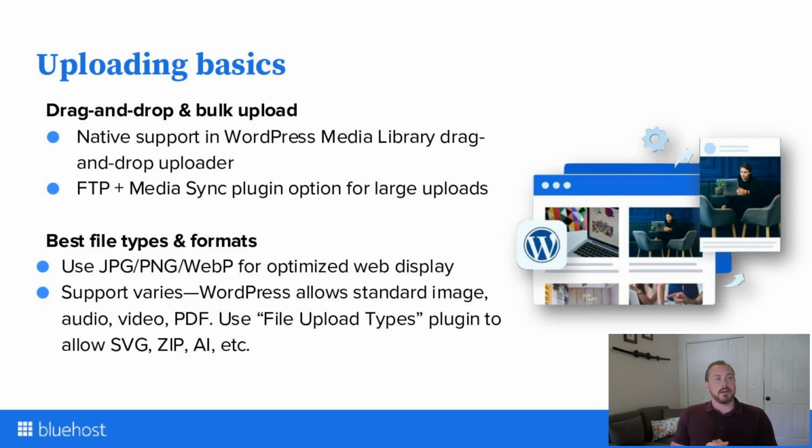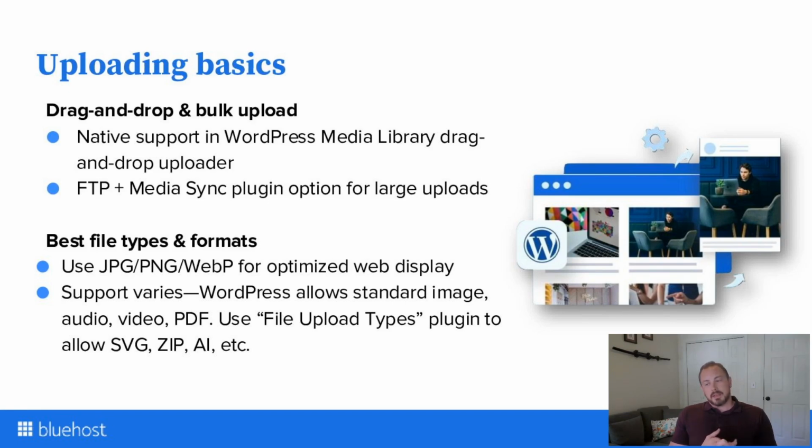Once you have your media in the media library, we want to talk a little bit about file formats. A lot of people don't know the difference between a JPEG and a PNG and why you might want to use one over the other. If you need transparency, PNG is the way to go over JPEG.